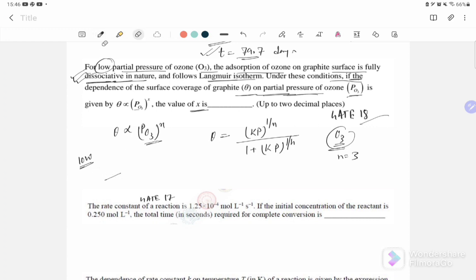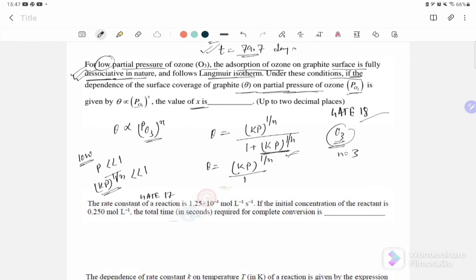Here, for low partial pressure, P is much less than 1, so Kp to the power 1 by n in this condition is much less than 1, so theta will be Kp to the power 1 by n by 1, because the other term is very small in amount.